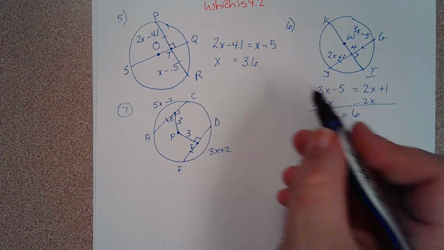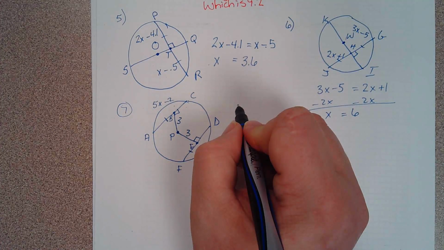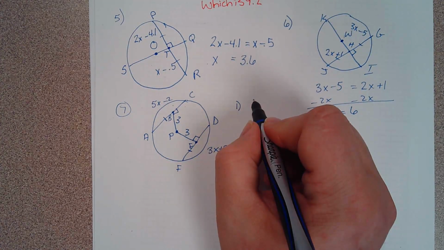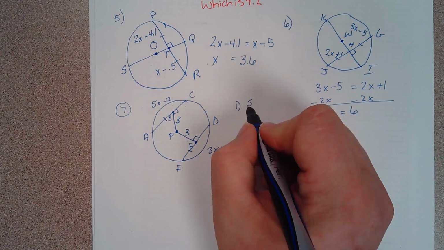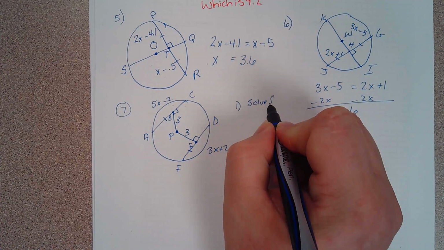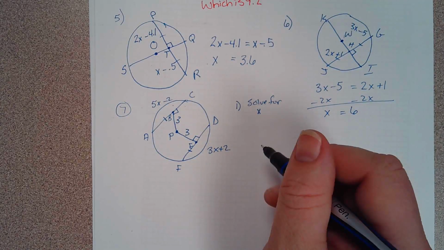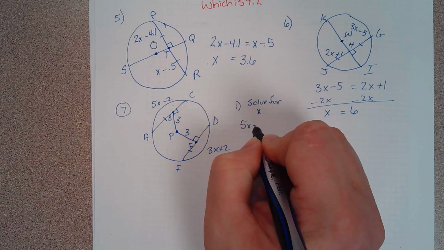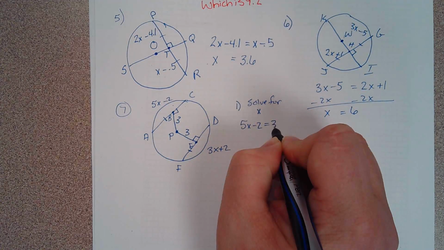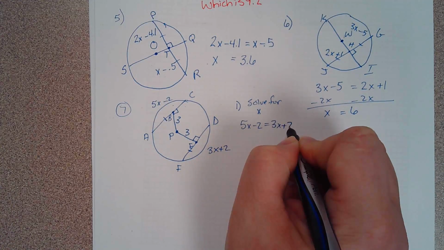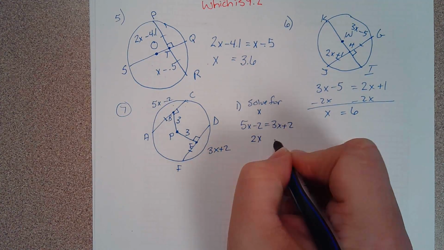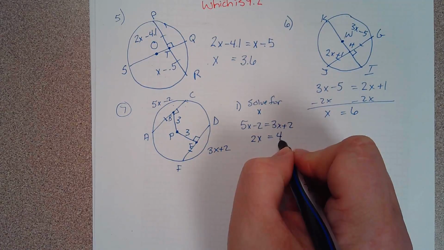Okay, so the first one we're going to do is solve for x. So we're going to set them equal to each other. When we do that, we're going to get 5x minus 2 equals 3x plus 2. So that gives me 2x, and this over here gives me 4, so x equals 2.